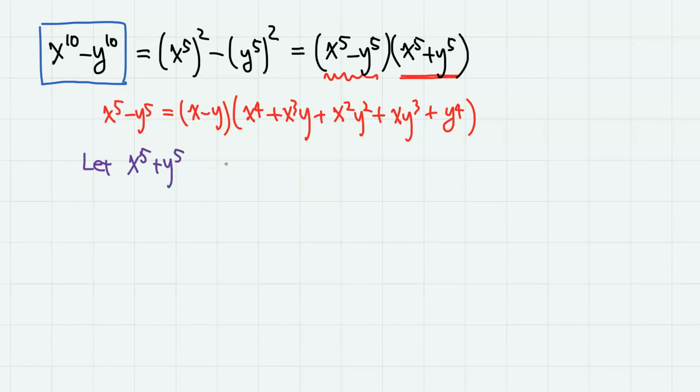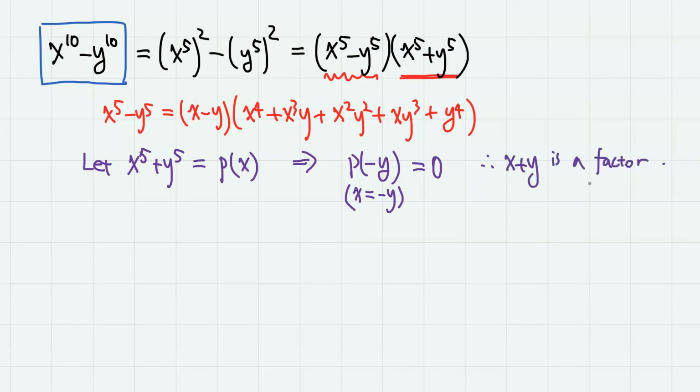So again, consider x to the 5 plus y to the 5 as the polynomial p(x), considering that y is some constant. Then, this time, if we let x equals minus y, then we will obtain 0. So this means that x plus y is a factor.